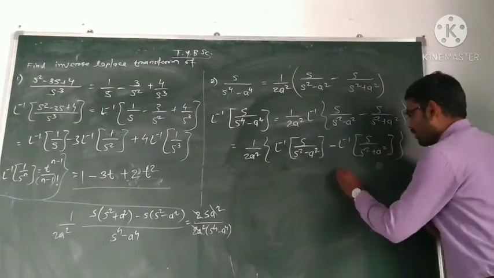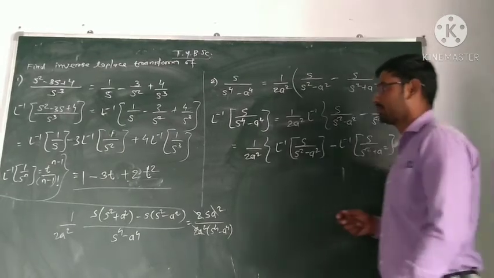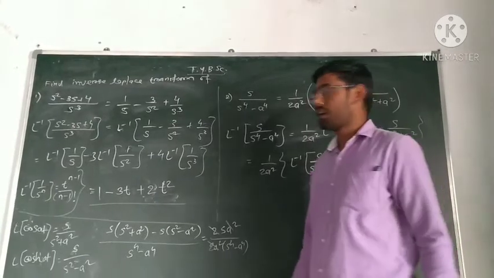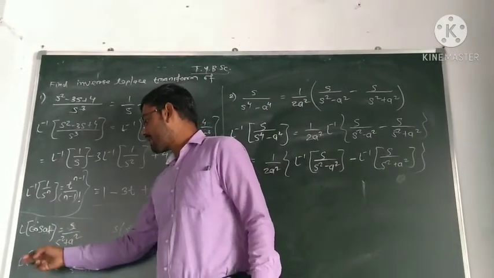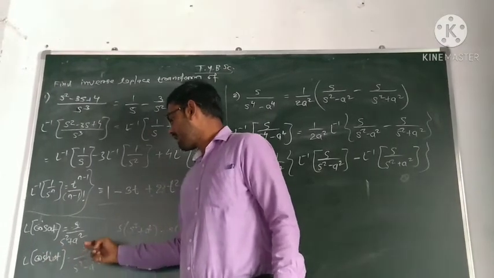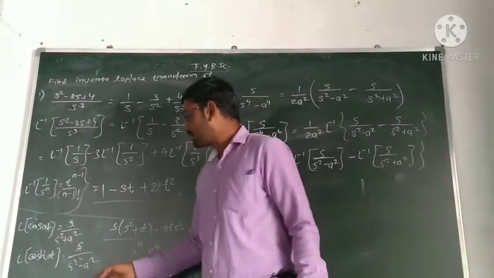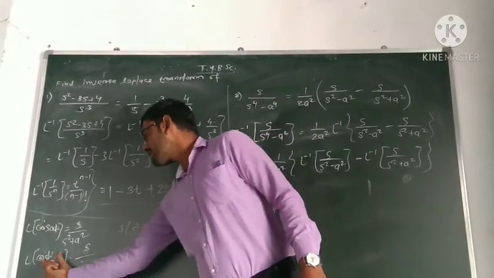What are the two formulas? The Laplace transform of cos at is s upon s square plus a square, and the Laplace transform of cosh at is s upon s square minus a square. This means the inverse Laplace transform of s upon s square minus a square is cosh at.